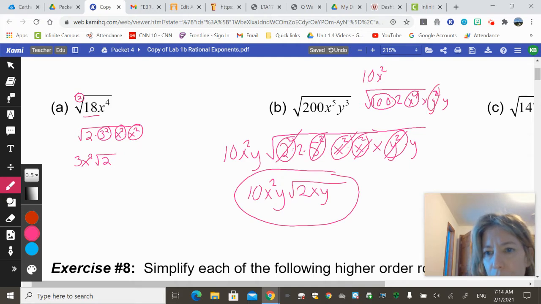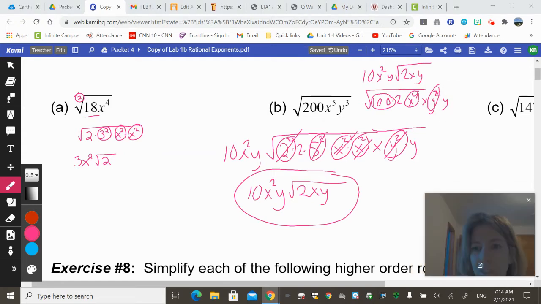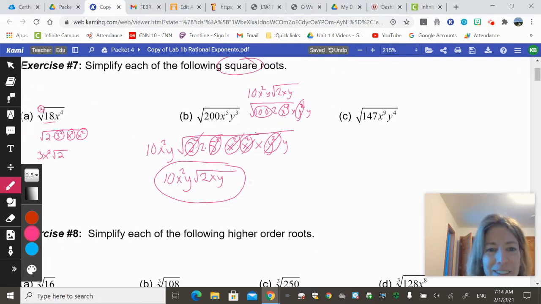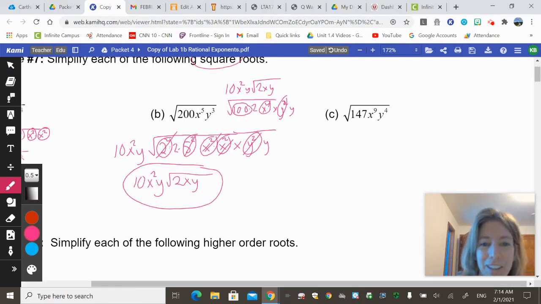I know the square root of y squared is y. And then I have the 2xy remaining. So depending on how comfortable you are, you can do it either way. You don't have to use the prime factorization on Calculator Soup.